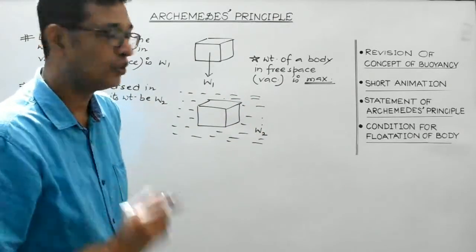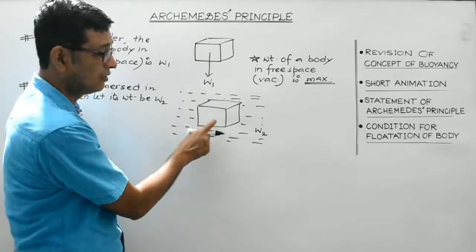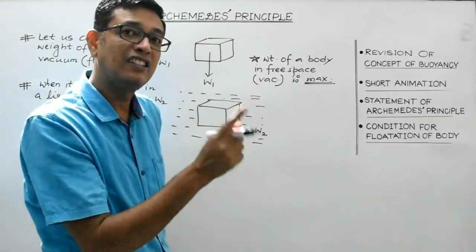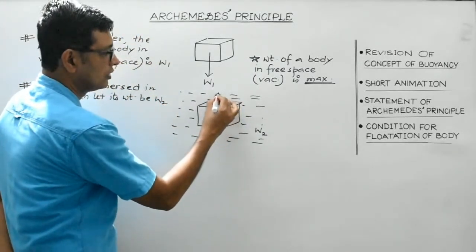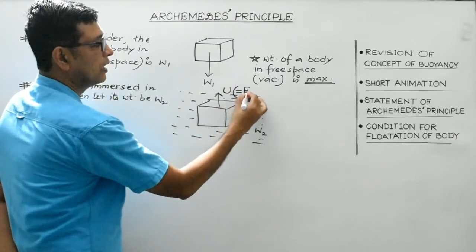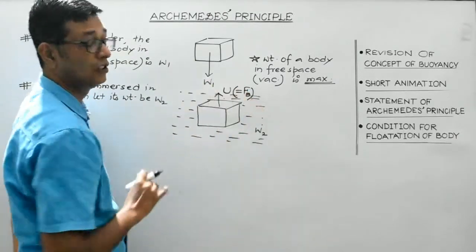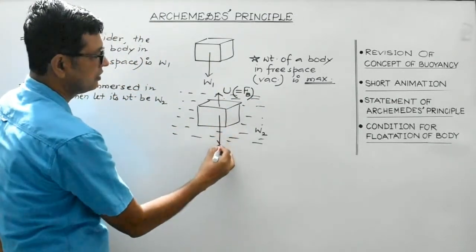Now we are aware, students, whenever this body is immersed in a fluid, then this fluid will exert an upward force on the body, and that upward force is known as upthrust, or buoyant force. Clear, students? And actual weight due to gravity is W1.